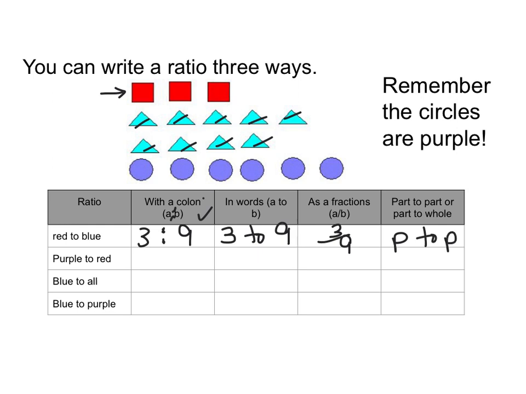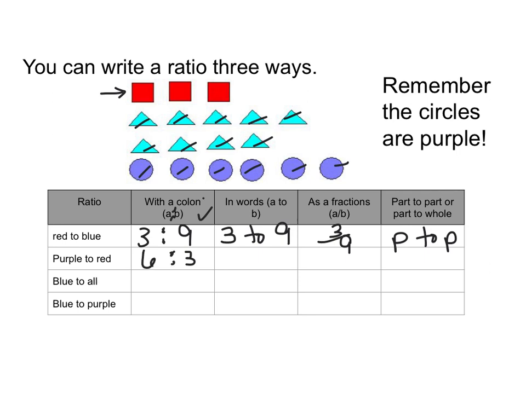Let's look at the next one. The next one is purple to red. I know red is 3, so I'm going to put the 3 afterwards, because whenever you're giving a ratio, you have to follow the direction, the same way that it tells you. Purple would be 1, 2, 3, 4, 5, 6. So purple will be 6 to 3.